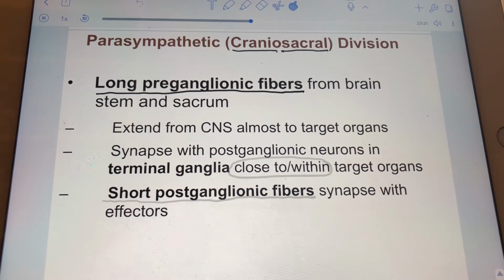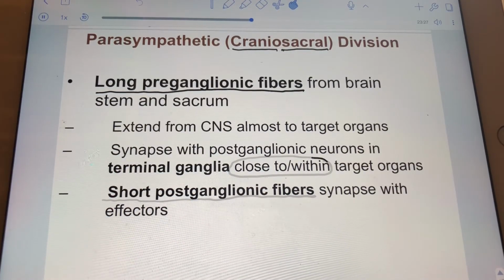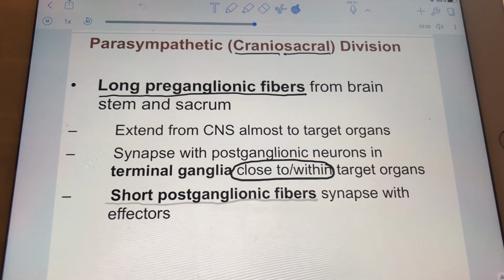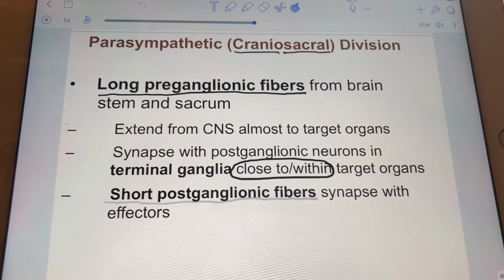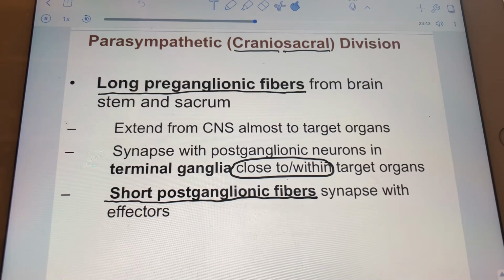And they synapse with a postganglionic neuron near or possibly even within target organs, effectors, okay? That means that ganglion is very close to, or possibly even inside, an effector. And that also means that the axon of the postganglionic neuron is relatively short, okay?